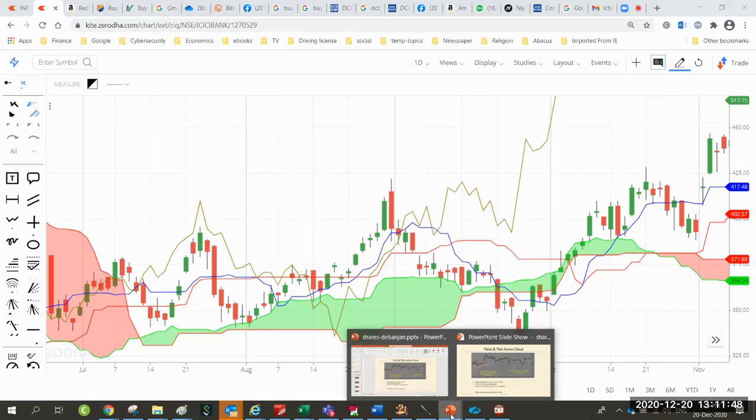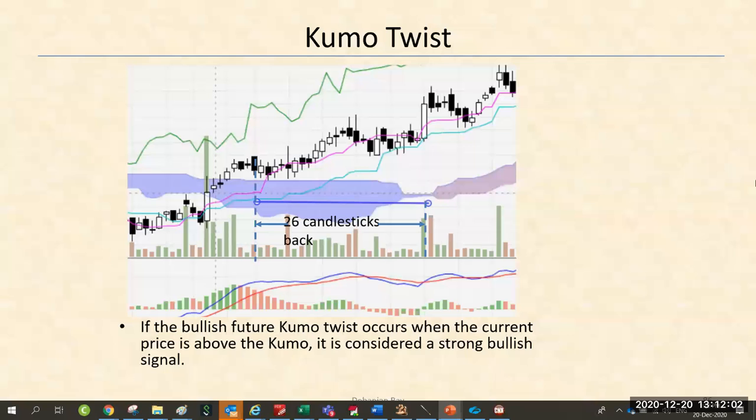Kumo twist is a very important feature. There is a color of the Kumo. Now, in this session, I will not explain the definition of how the Kumo cloud is formed. That is a theoretical thing, and there is a website you can look into. I will give the reference later. All the technical definitions are there, but I am a practical person.